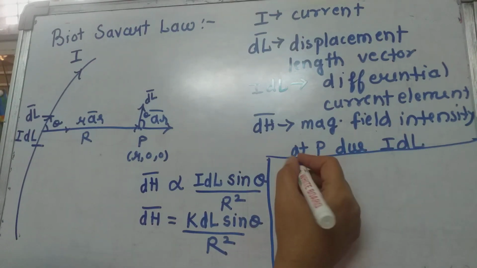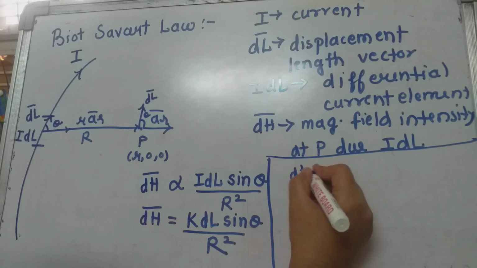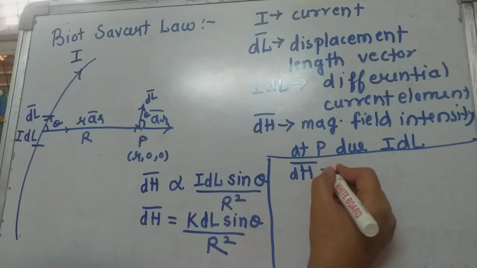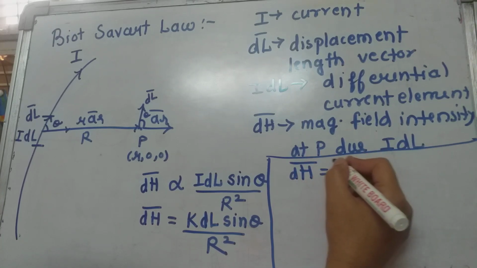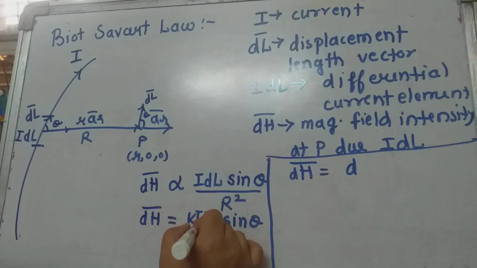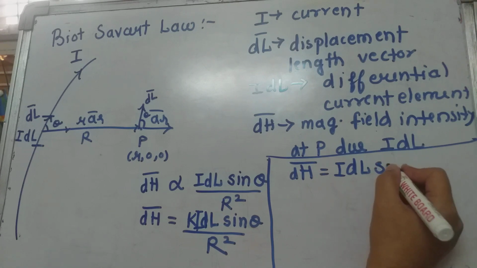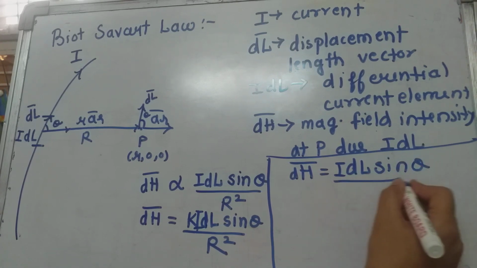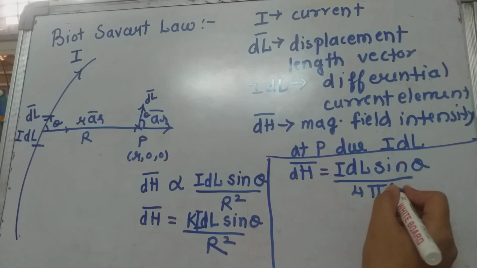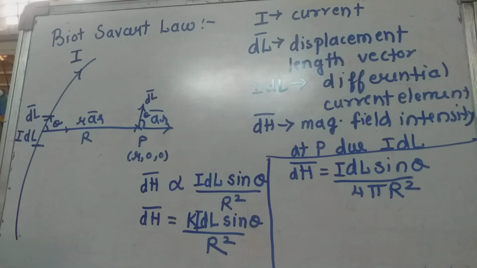So I can write this as dH bar is equal to I dl sine theta upon 4 pi r squared.